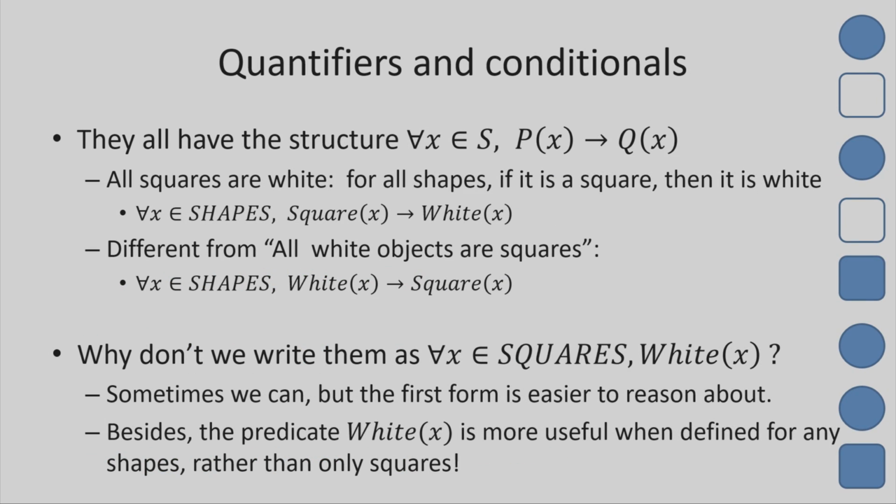So we say that the structure of those sentences is for every something, if it has a first property, then it has a second property. But you may say, wait a moment, why don't we just say for every x in squares, x is white? Isn't that what the sentence is saying?